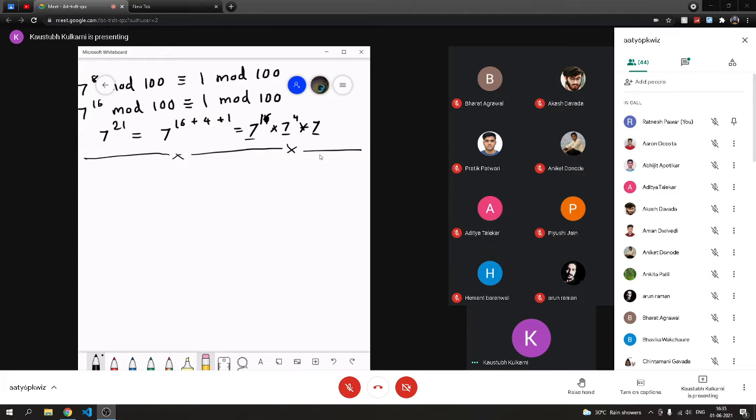The idea, I'll explain with an example maybe first. Now we are all aware of what we mean by modulo 4.